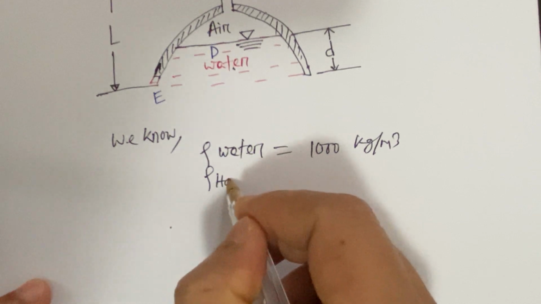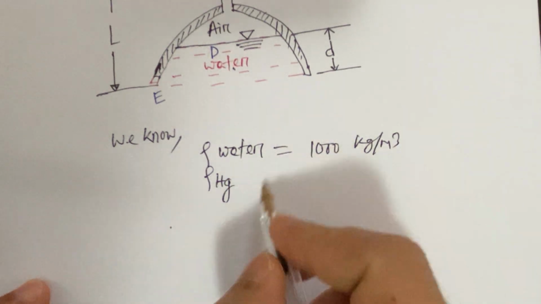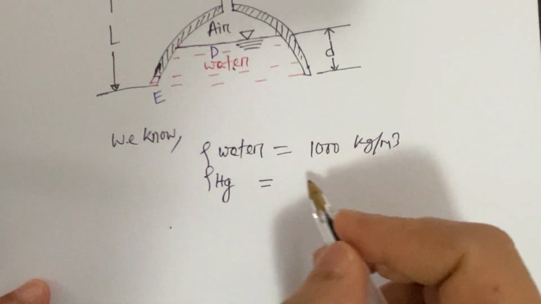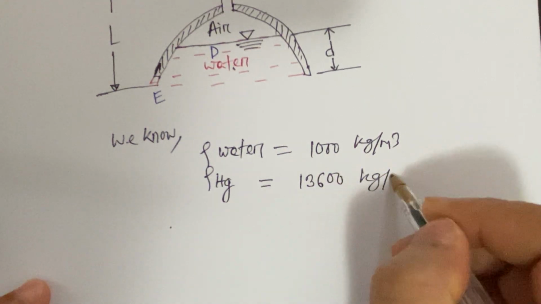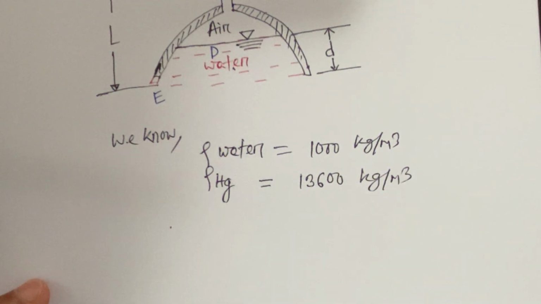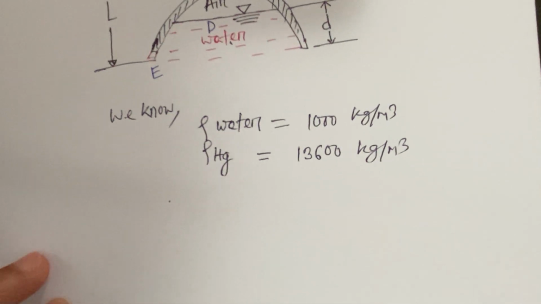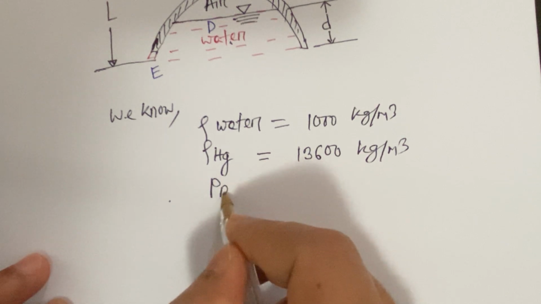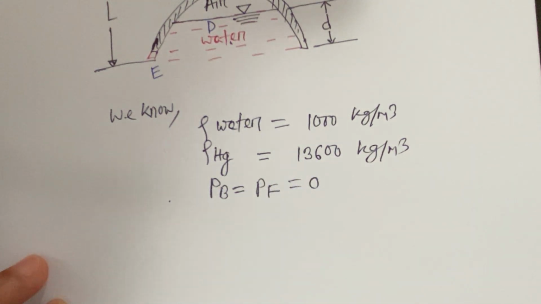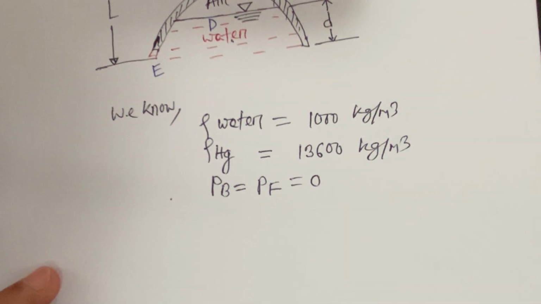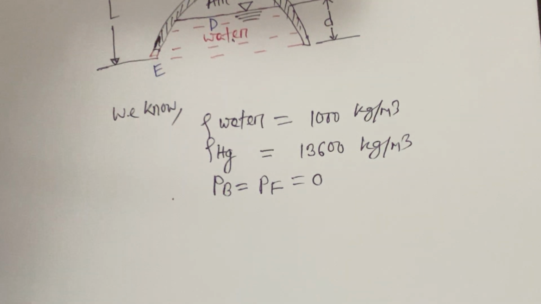If we define the density of mercury as rho Hg, it is 13,600 kg per meter cube. So this is the density for mercury. And from this problem we found PB and PF; this is actually the zero pressure.